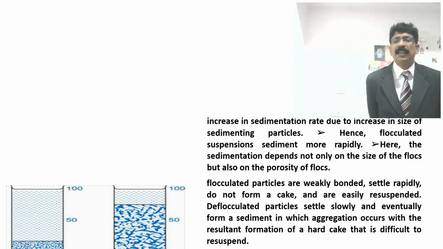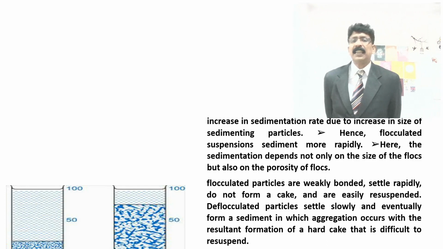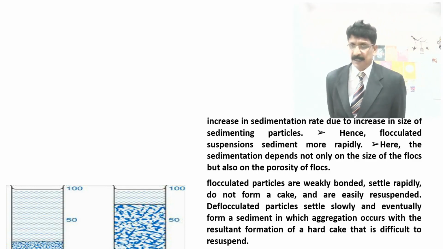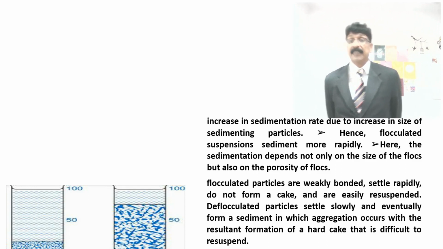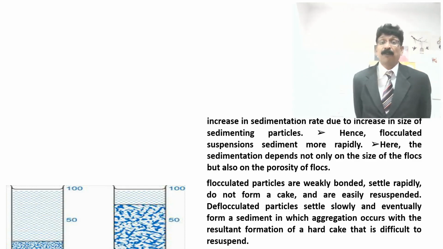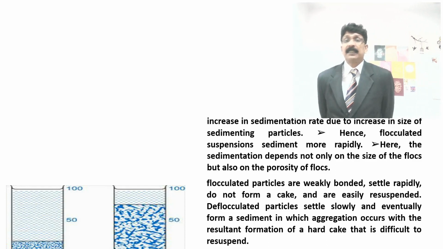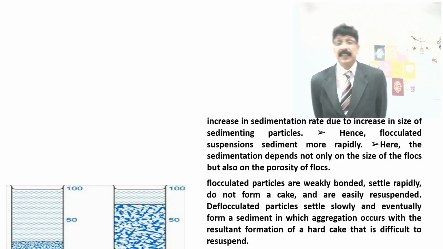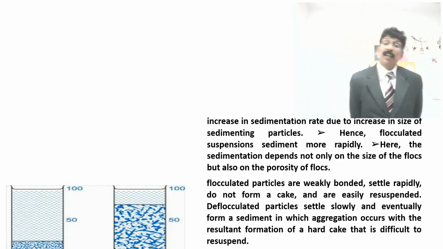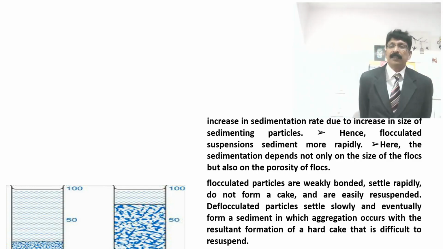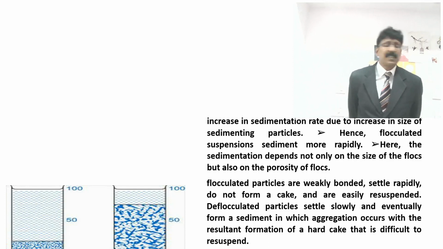And you can see the sedimentation rate increases by increasing the size of the sedimenting particles. Hence the flocculated suspension sediments more rapidly, because the flocs are heavier, they will settle. The sedimentation depends on the size of the flocs. Flocculated particles are weakly bonded and settle rapidly, but they can be easily redistributed.